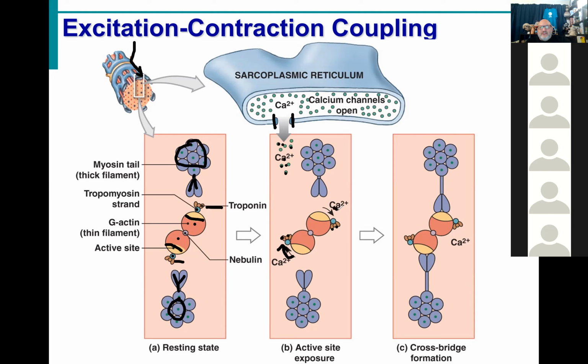And as it changes its shape, it rotates the tropomyosin. So now our binding sites are exposed and the myosin heads can grab on. All right. Questions on that?